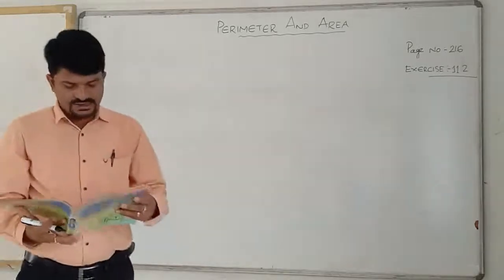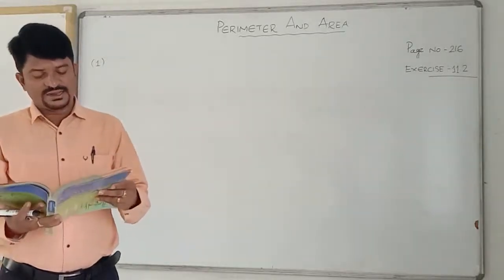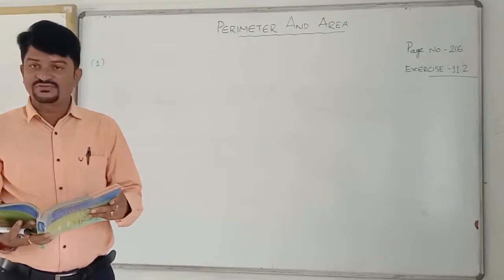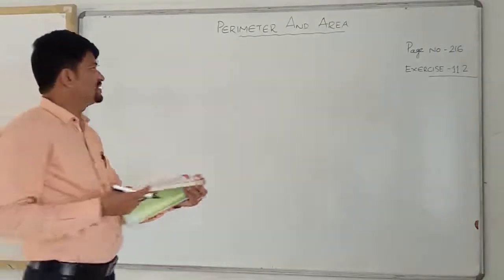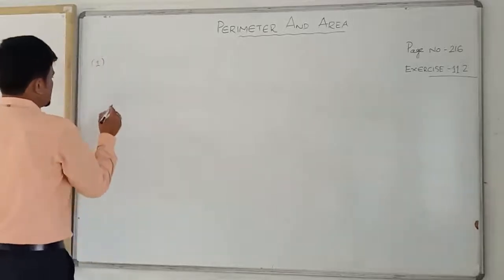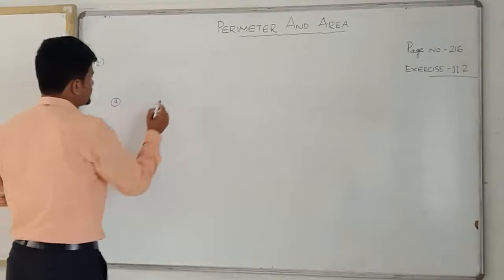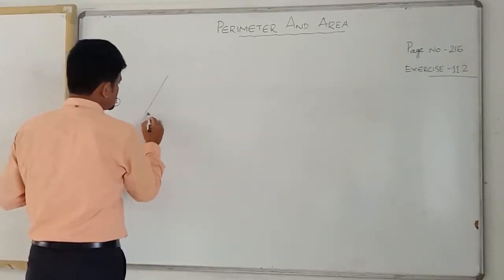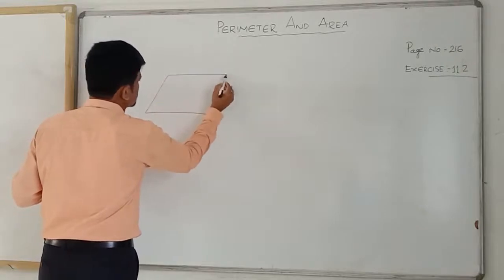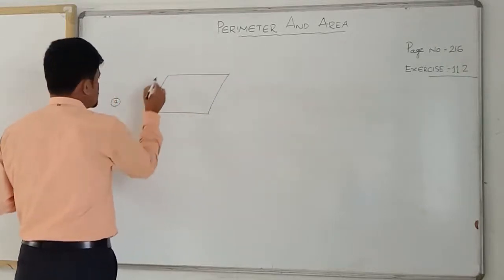Here, nearly 4 diagrams I have given, sorry, 5 diagrams. In that, find the area of each of the following parallelograms. Here, everything is given as a parallelogram. I solve question number A. What is the parallelogram given here?